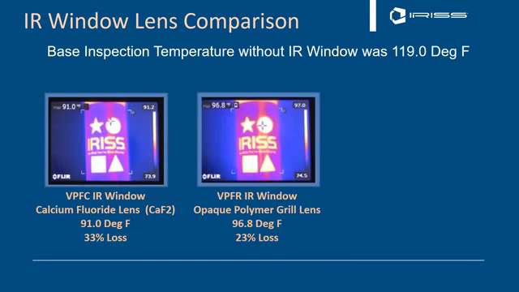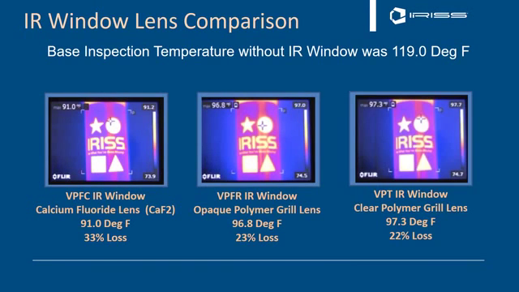If you look at the infrared window materials we went through, looking at the same target, we have a calcium fluoride lens of 33% loss and the polymers with 22 to 23% loss. Again, very significant measurements, and when you're using temperature as your repair criteria, you really need to make sure your temperature measurements are solid and you understand just how much transmission and the emissivity can affect these readings.